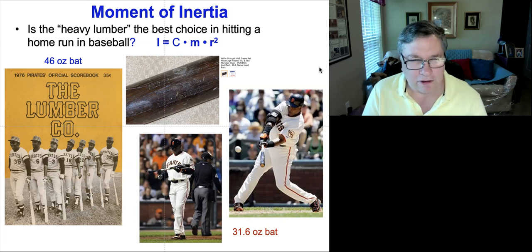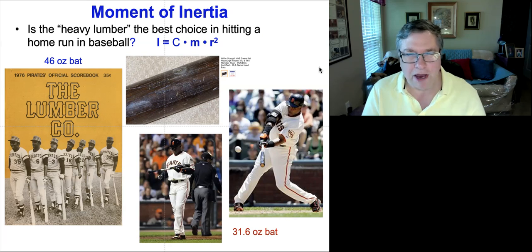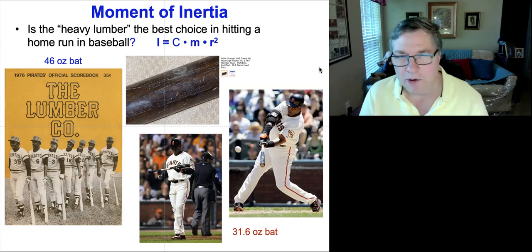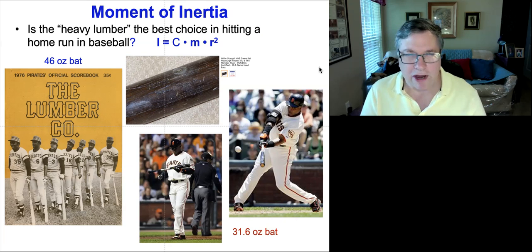The thought was, get on base, bunt, advance the runners. But the advanced metrics actually say that for certain players who can hit 20 or more home runs a season, you're better off trying to hit a home run or a double or a triple and strike out more often.